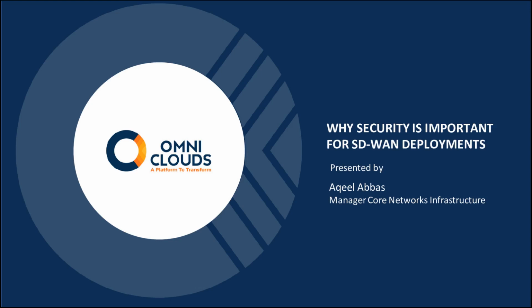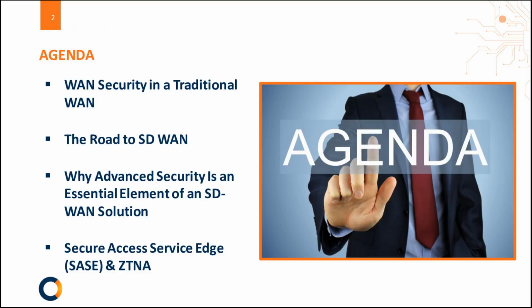Thank you. Good afternoon, everyone, and thanks for joining today's session. Today, we will discuss why security is important for SD-WAN deployments. The agenda of this session is to discuss the WAN security, how it looked in a traditional WAN.